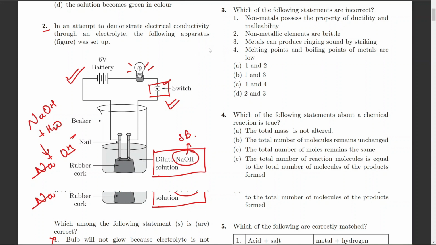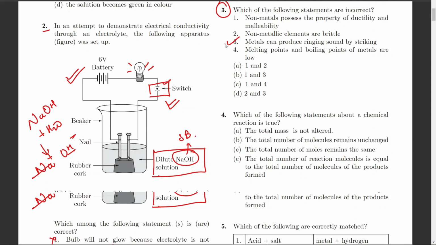Coming to the third question, which of the following statements are incorrect? First one, non-metals possess the property of ductility and malleability. Second, non-metal elements are brittle. Third, metals can produce ringing sound by striking. Fourth, melting point and boiling point of metals are low. So you already know that metals are sonorous.